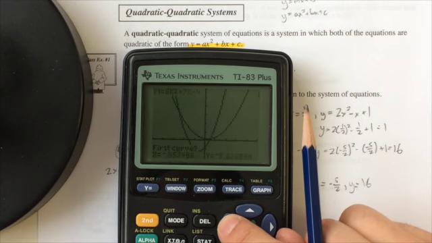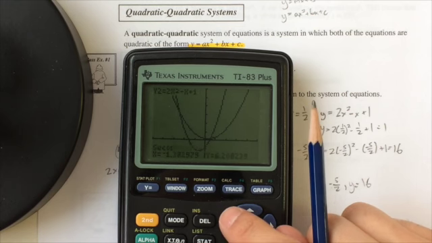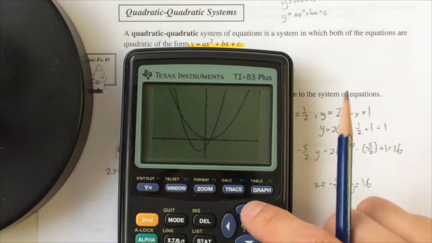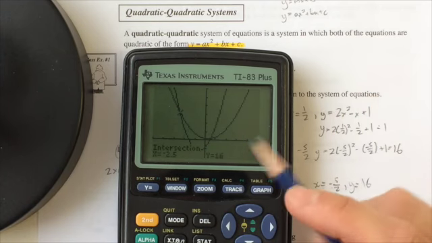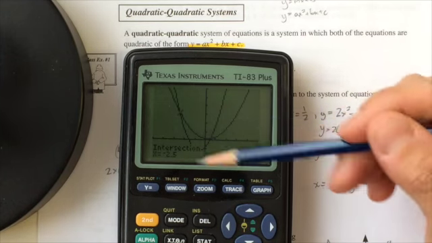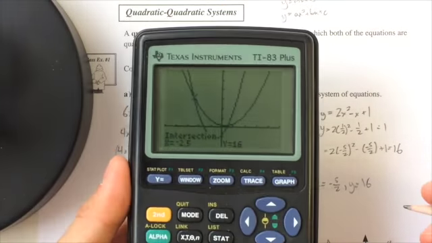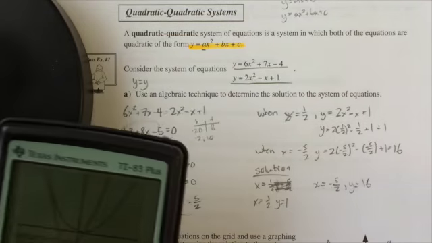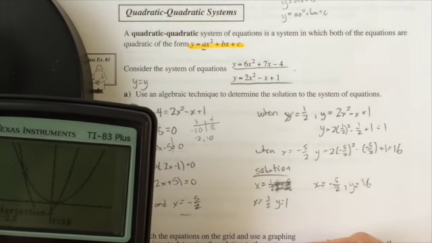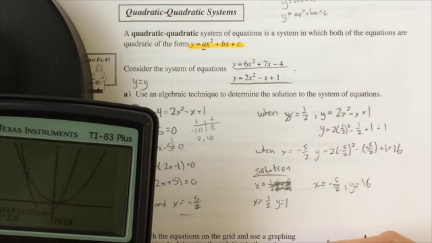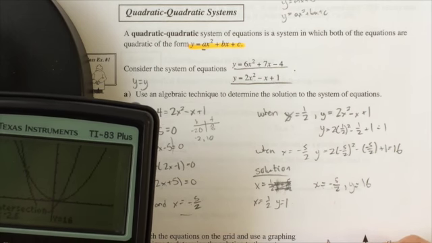So my first curve, I'll just choose right here, and then my second curve is there, and let's see where they intersect. At -2.5 and 16, and y is equal to 16. -2.5 is the same as -5/2. So we are at x is equal to -5/2 or -2.5, and y is equal to 16.